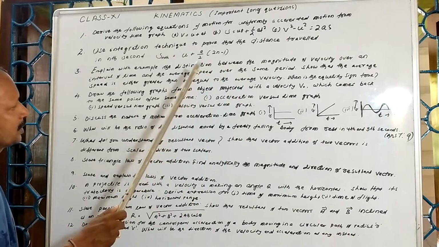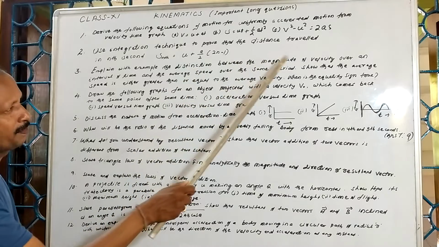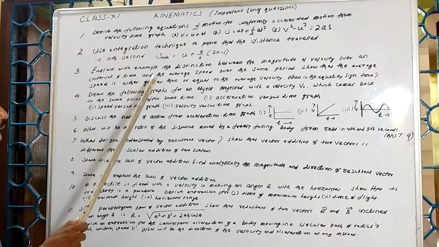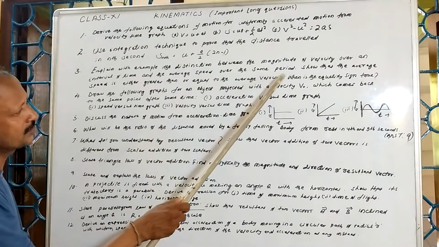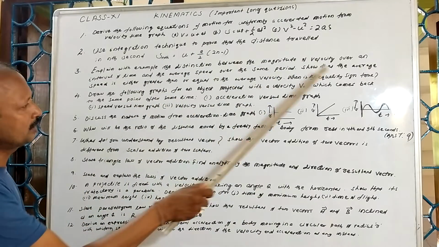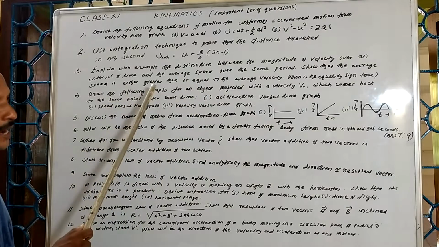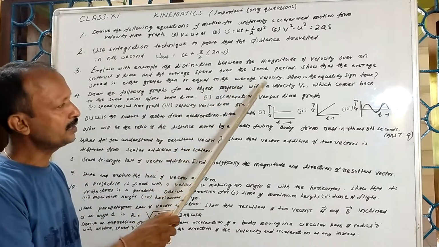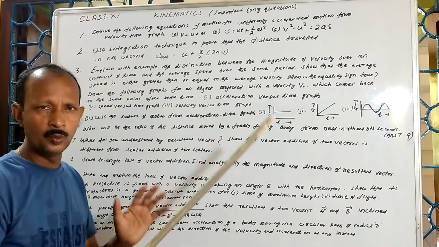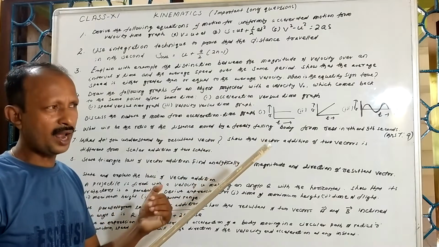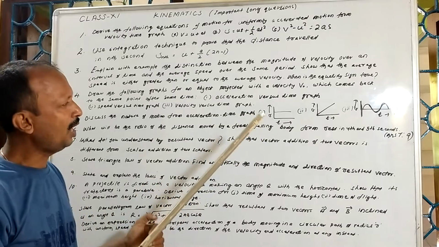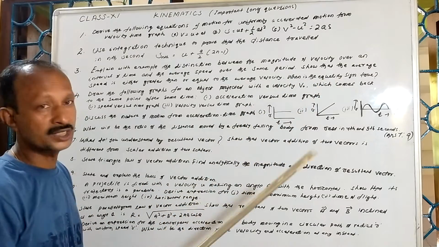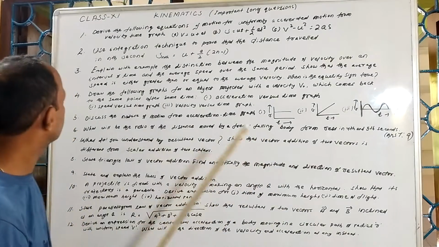You have to distinguish between the magnitude of velocity over an interval of time and the average speed over the same period, so that the average speed is either greater than or equal to the average velocity. You have to prove whether average speed and velocity are equal or one is greater or smaller. When is the equality sign true?